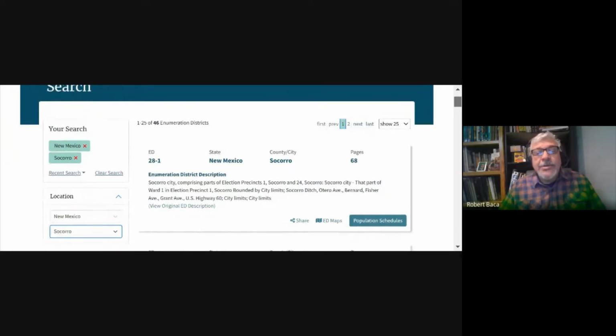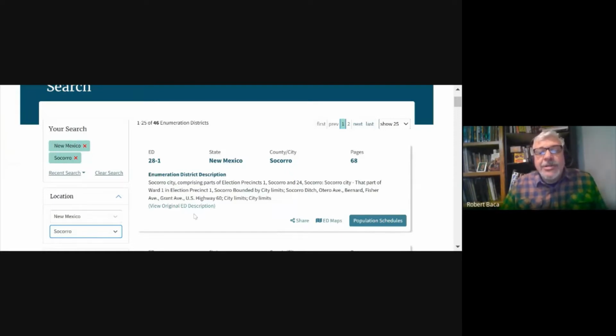Now, notice you have these here, and this is a good way to look at this. You have ED numbers. These are enumeration districts. So it starts off with 28.1, and it says what state it is, New Mexico, and how many pages are in this. And then I'll tell you what it is.